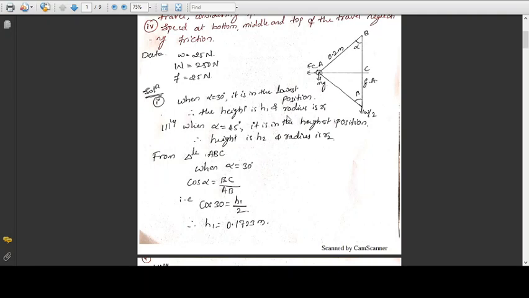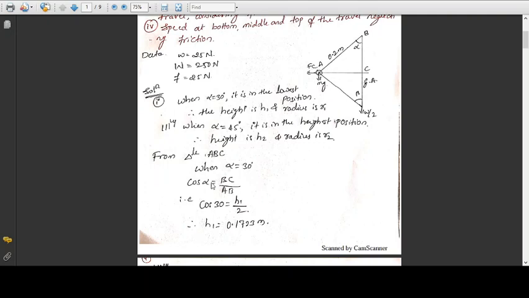Now from the triangle ABC, if you write the equation for alpha, cos alpha will be adjacent side by hypotenuse. Here adjacent is BC and this arm is AB. So BC by AB. We know the value of AB is 0.2 meter and BC is unknown.